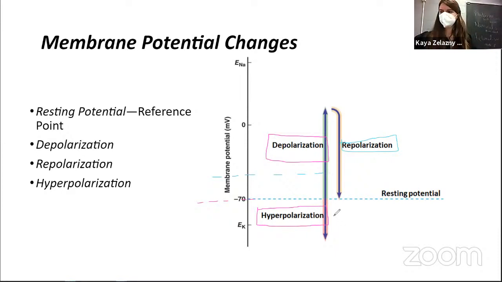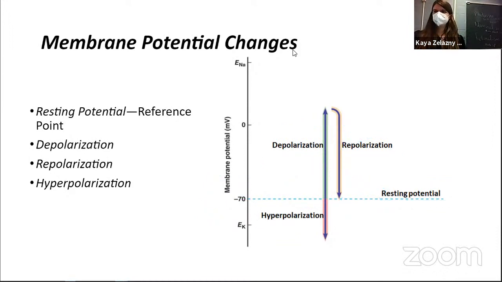So hyperpolarization and repolarization might have similar movements of ions because they're both moving down, but we're specifying if we're going back down to the resting potential or going below it. But we'll also see that in terms of the action potential, the repolarization is really just erasing this depolarization. So they're kind of linked to each other.